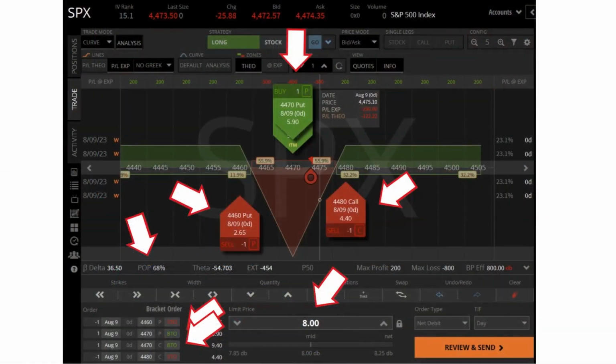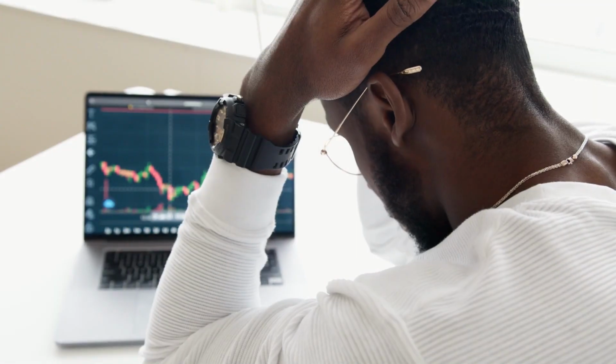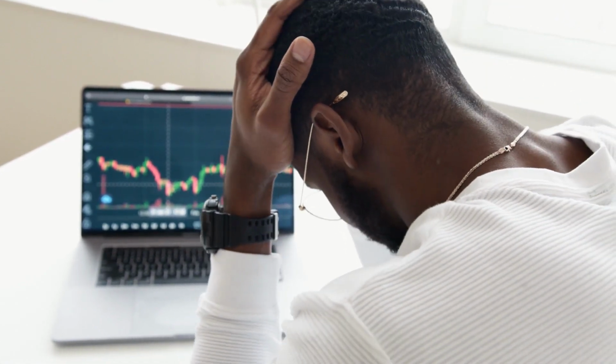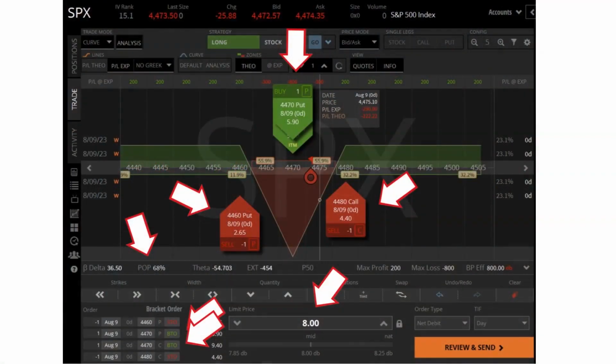We win on this trade if the stock price moves anywhere outside of our long wings into the green profit zone. However, if the stock does stay in the range between our long strikes, then we lose. The closer to the middle or the 4470 price and the later in the day translates to more of that $800 that we paid, which turns into a loss on the trade.